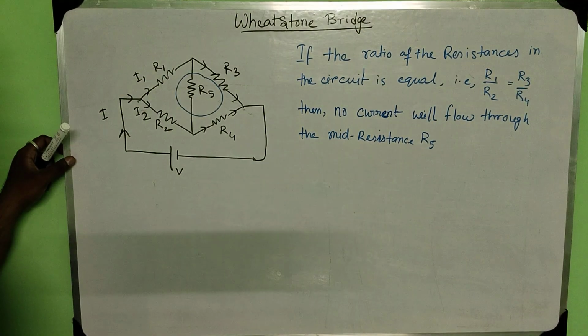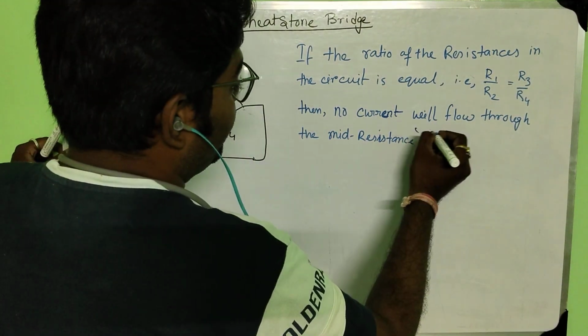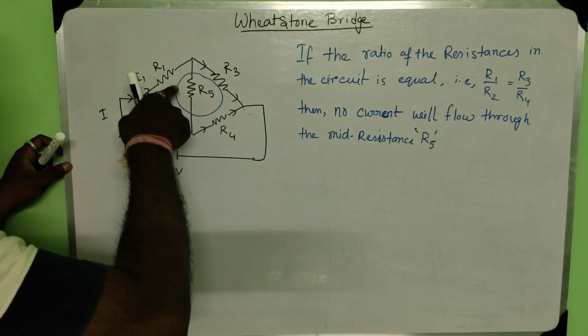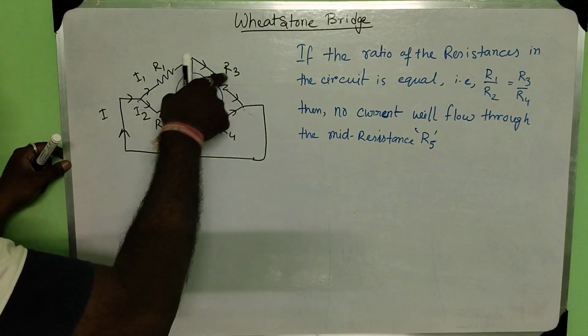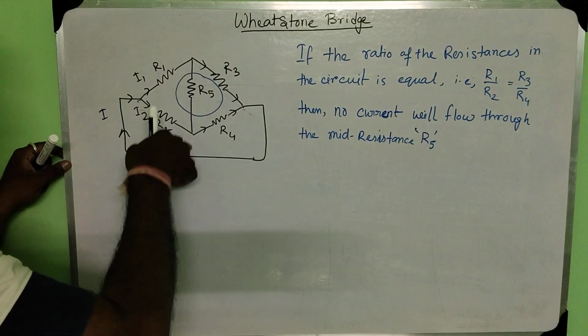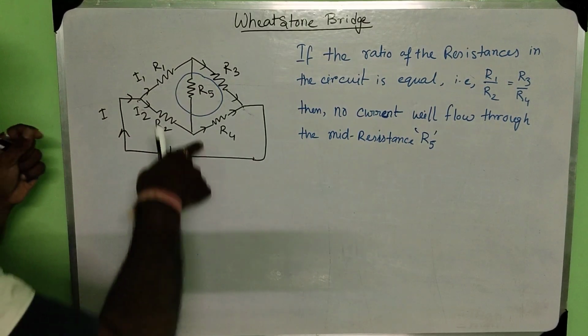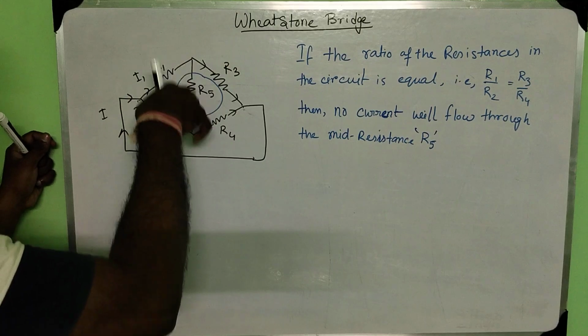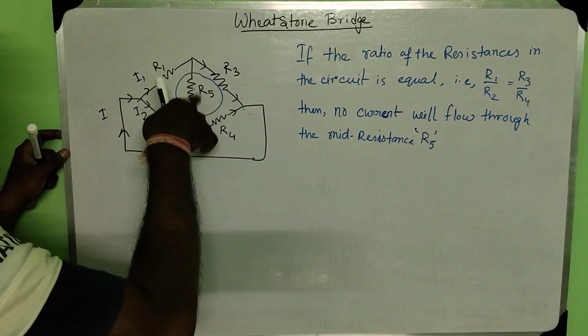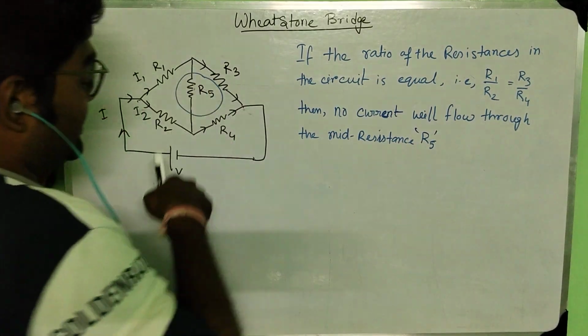No current will flow through the mid resistance R5. If R1 by R2 is equal to R3 by R4, then no current will flow through this branch. Okay? No current will flow through this mid resistance, that is R5.